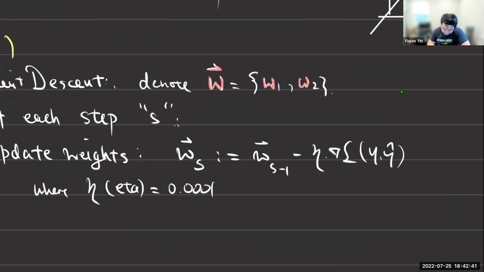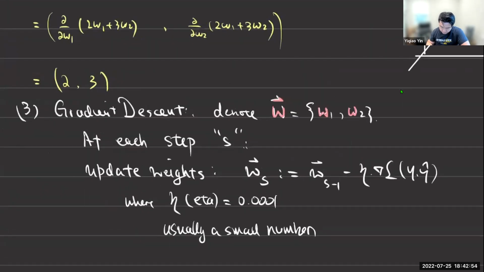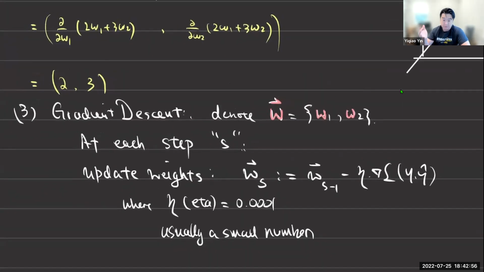Usually it's a small number. And then, oh yeah, that's it. That's all the notation there is. All right, so that's it. That's the full scale of a gradient descent algorithm.